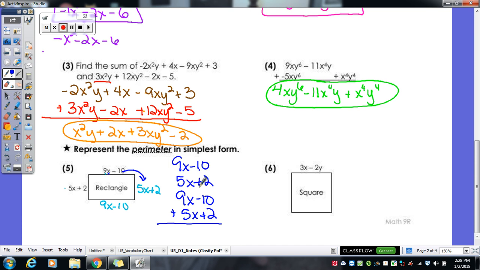Negative 10 plus 2. What does that give us? Minus 10 more. Plus 2. Negative 16. So there's our numbers. Now we got to add our x's. 9 plus 5. Plus 9. Plus 5. So 28x minus 16. That would be our perimeter.